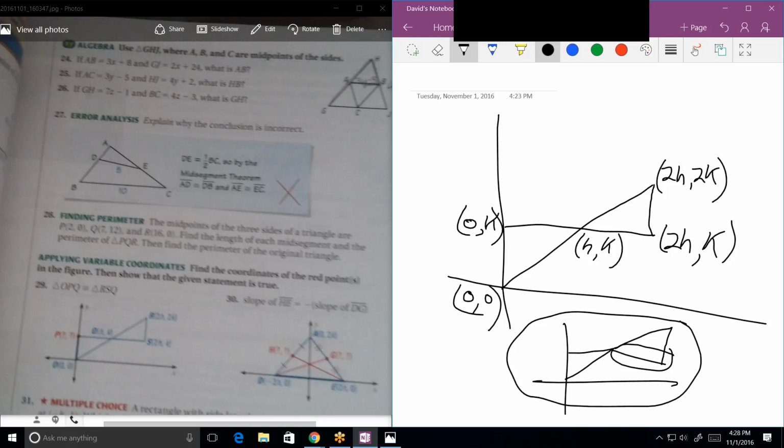Well, number one, with the vertical angles. Okay, so that's equal to that. Yeah, RQS has to be congruent to OQP. Okay. Then, do we know that they're perpendicular? I don't think so.